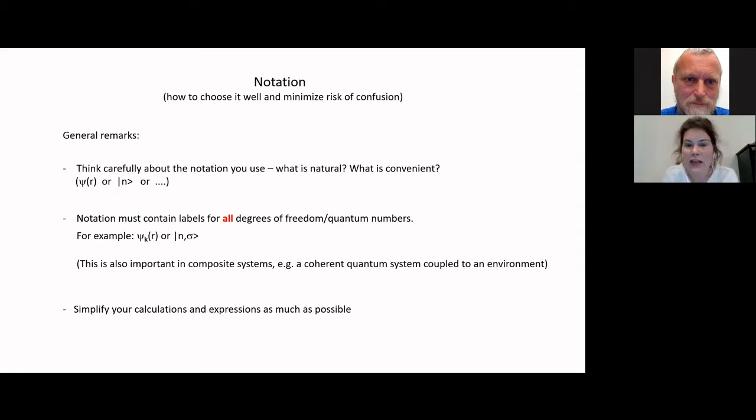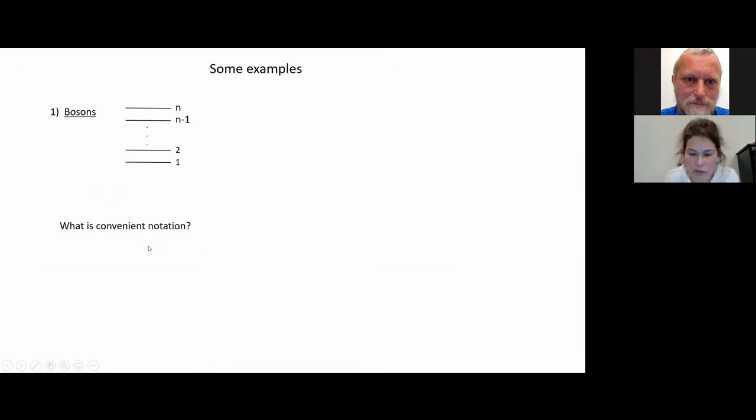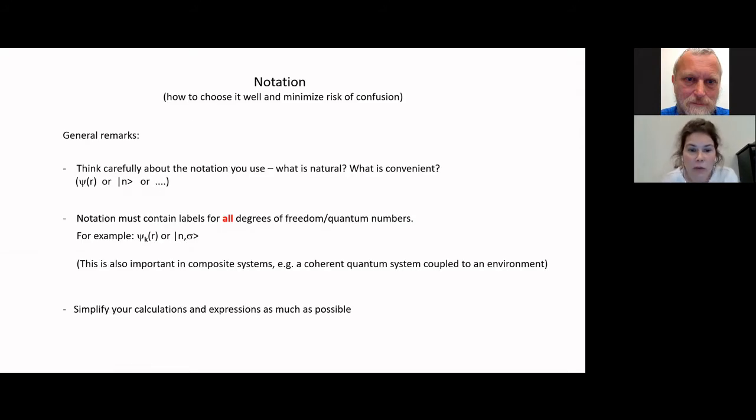Then the notation, kind of trivial, but still I like to mention: notation must contain labels for all degrees of freedom that matter in the problem. So for example, if there is a momentum involved, your notation for the wave function could contain, or should contain, an index that indicates which mode we're talking about.